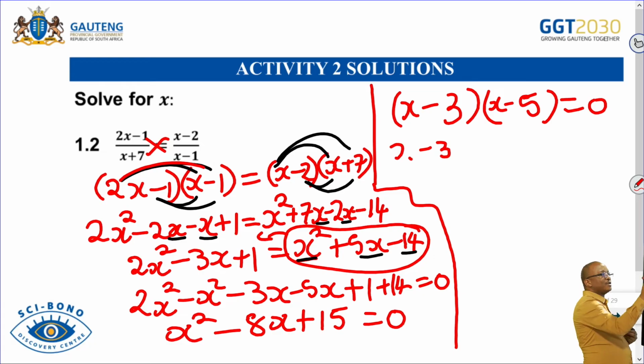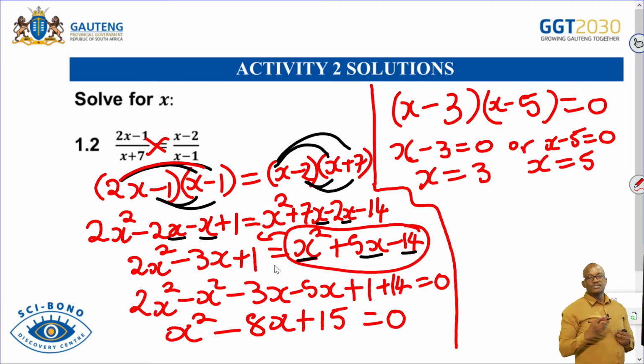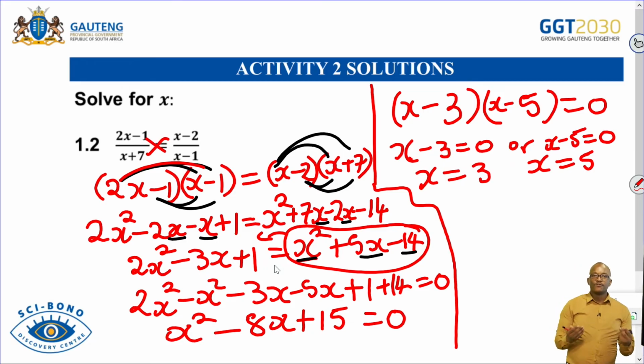That's how you will actually solve your equations. Then x is going to be positive 3, x is going to be positive 5. So those are the basic steps that you need to follow when factorizing.